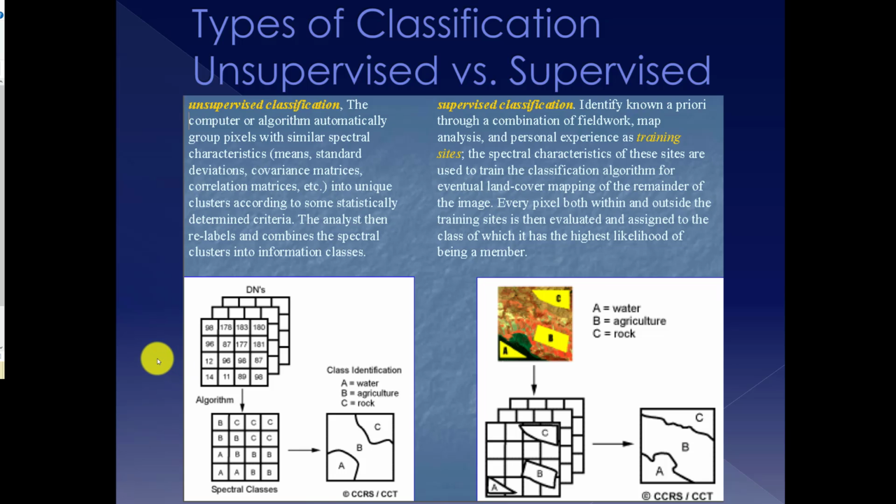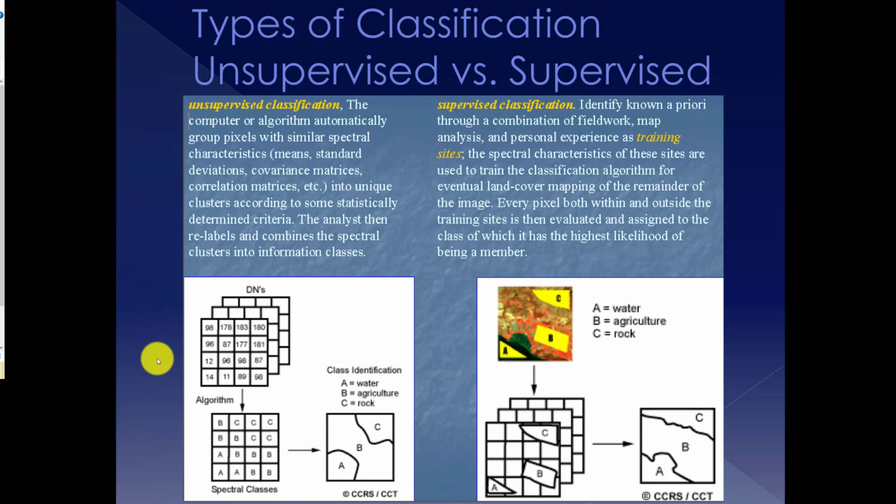All right, stepping back from the tools, let's talk about the theory of what we're actually doing with classification. Two main types: unsupervised and supervised classification. The main distinction is that in unsupervised, the computer is running the show. Algorithms are automatically grouping pixels that have similar spectral characteristics.